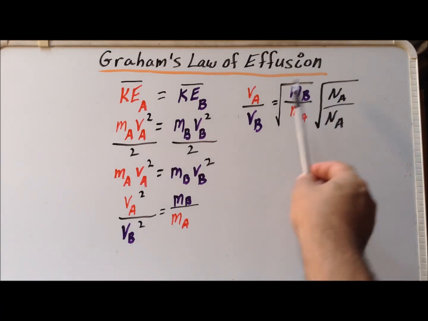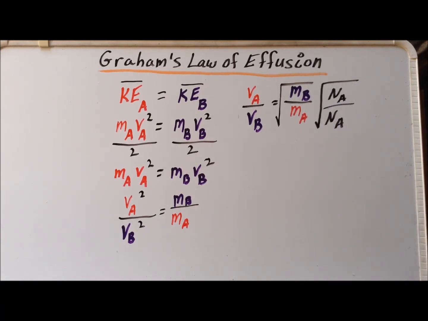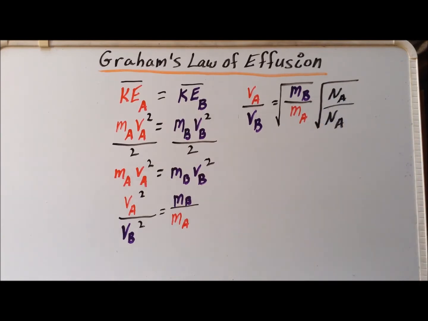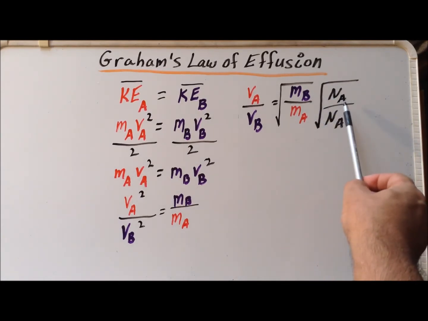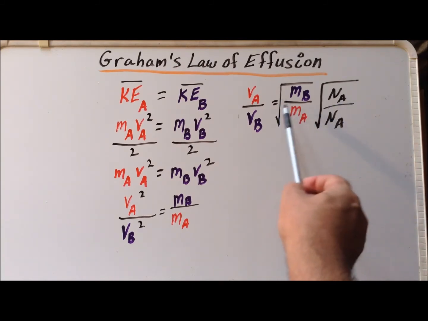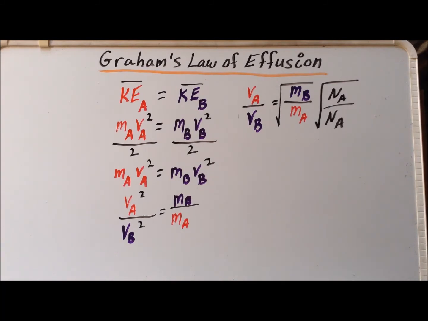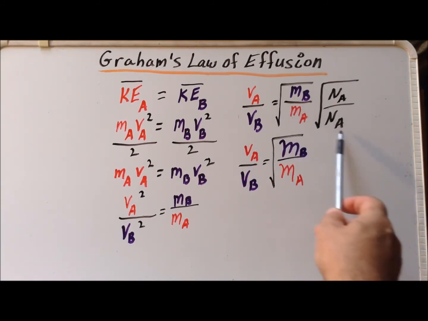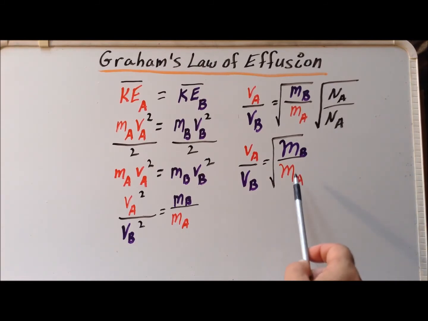Next, we can multiply the right-hand side by the number 1 in the form of the square root of Avogadro's number divided by Avogadro's number. So note here that the subscript A refers to Avogadro, whereas the subscript for the red symbols is for the gas molecule type A. Now note, if I multiply the mass of one gas molecule A by Avogadro's number, I get the molar mass.